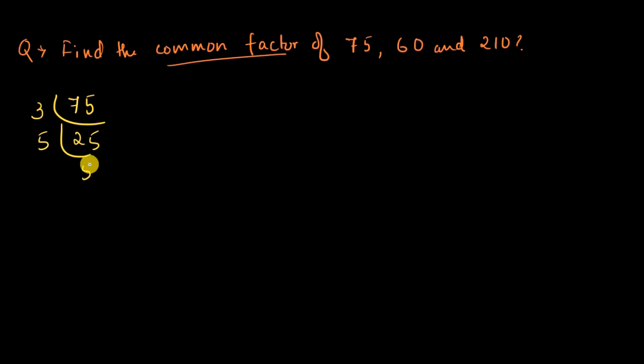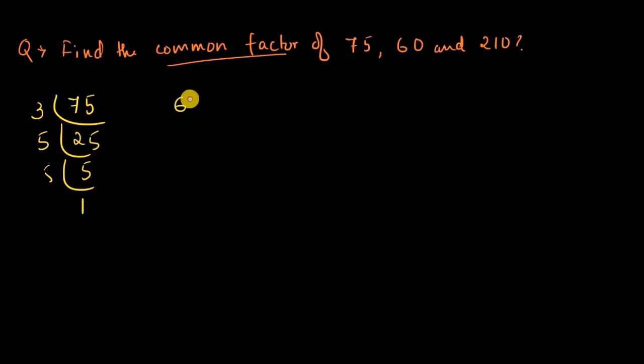So the factors of 75 will be 3 and 5, and we know that 1 is a factor of every number, so 1 will also be included, and 75 itself is a factor of 75. So the factors are 1, 3, 5, and 75.